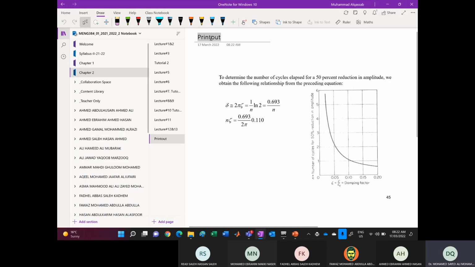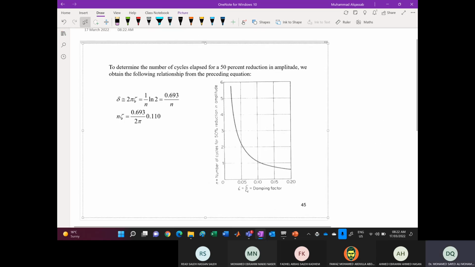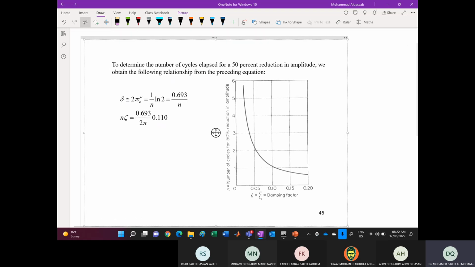Okay, so this is the continuation of the example. So we get that n times zeta is equal to 0.11.